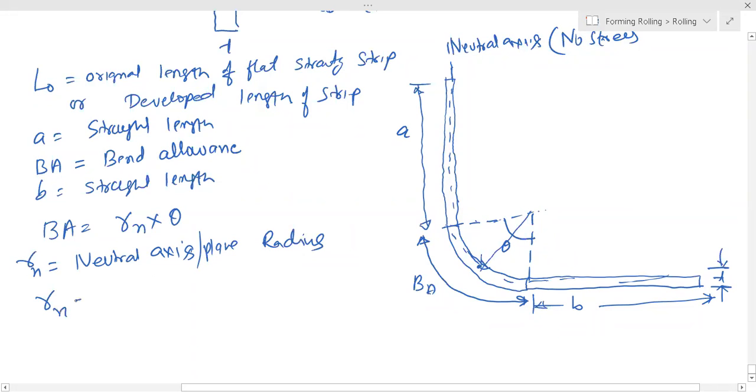Rn is equal to R plus Kt, where K is called stretch factor, also called bend factor.